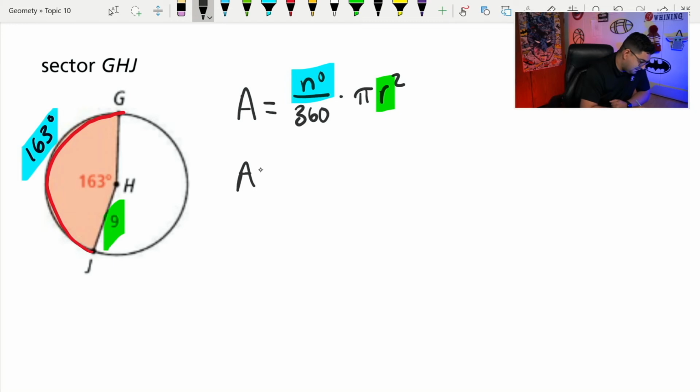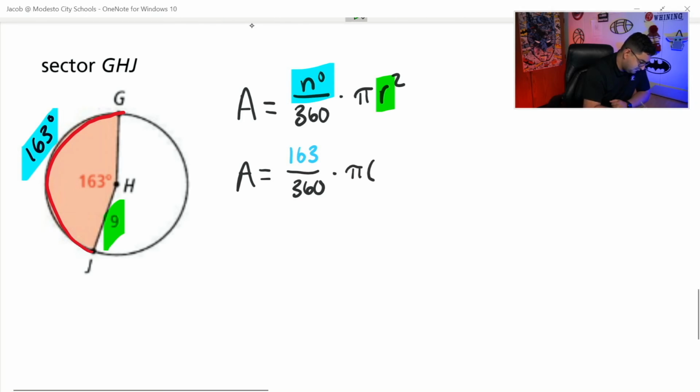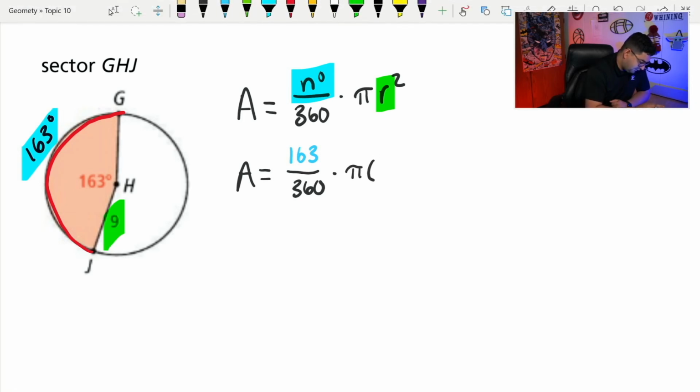So I get A equals 163 divided by 360 and multiply that whole thing by pi, and then r is 9, and we square that.